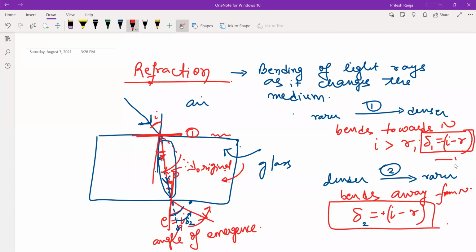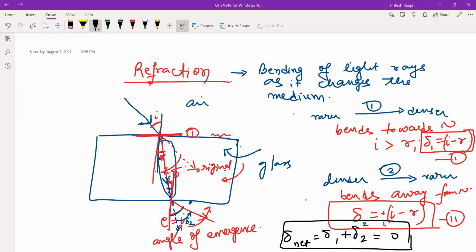So if I add both these equations, delta 1 plus delta 2, we are going to get the total angle of deviation, and that will be 0, which just clarifies that the ray is parallel as it enters or emerges out with respect to a glass block. All right, so all can quickly note down this one.